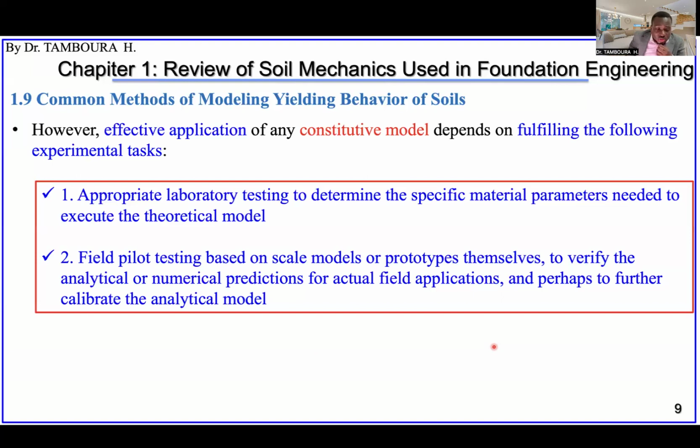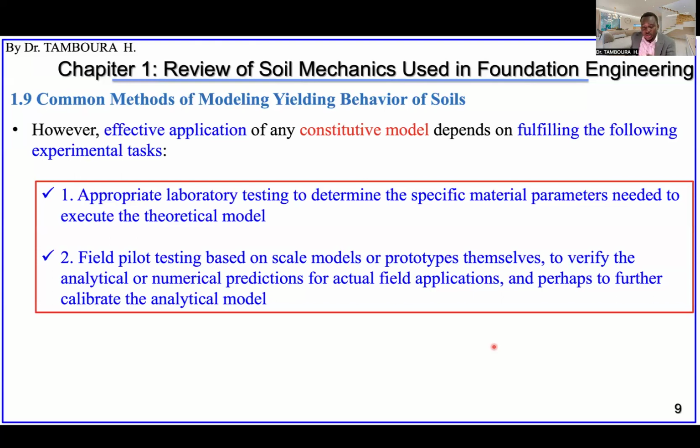Okay, so you got the input data. The output now has to be validated sometime with the field testing, field loading test, for example. Okay, because the result from field testing are the actual capacity of the pile.